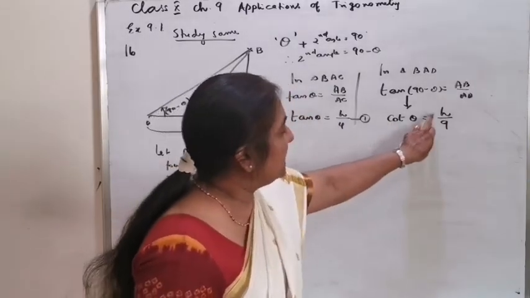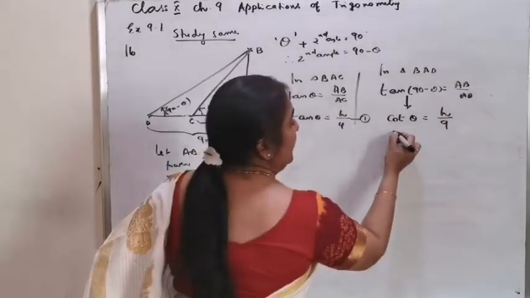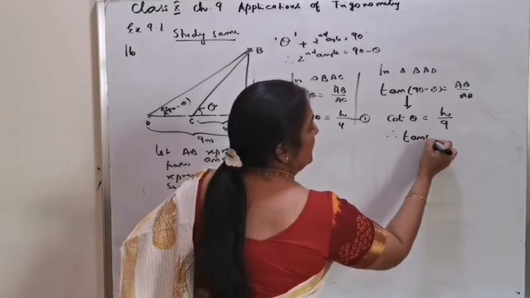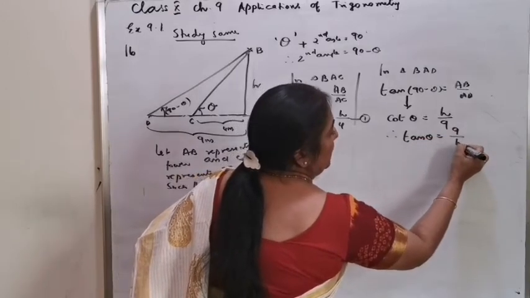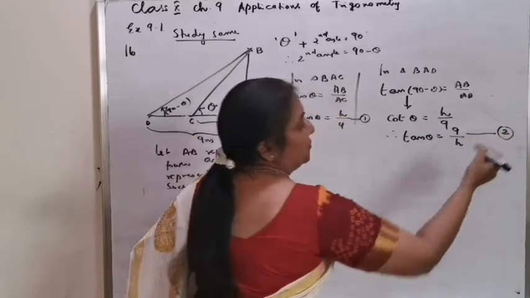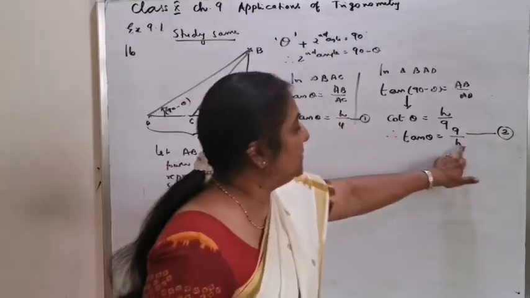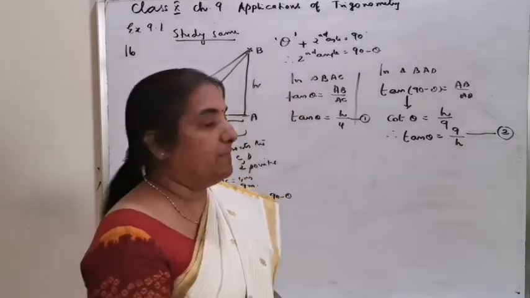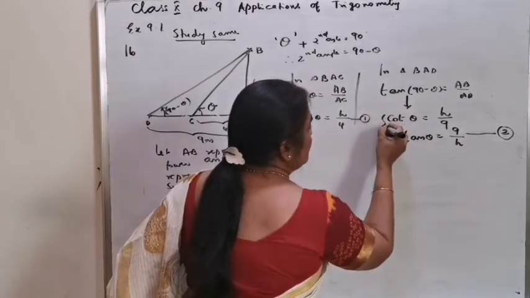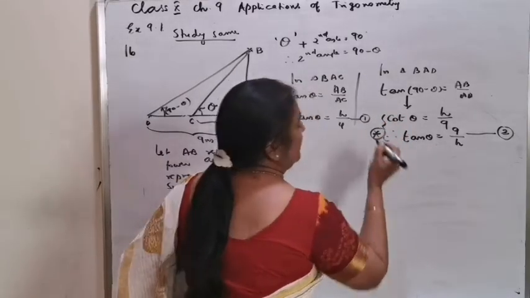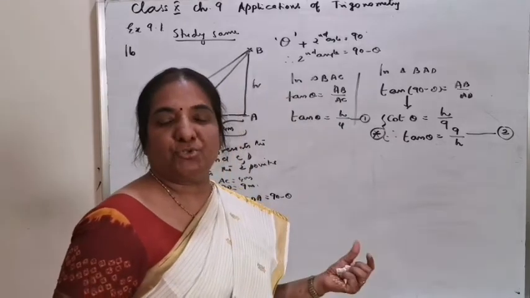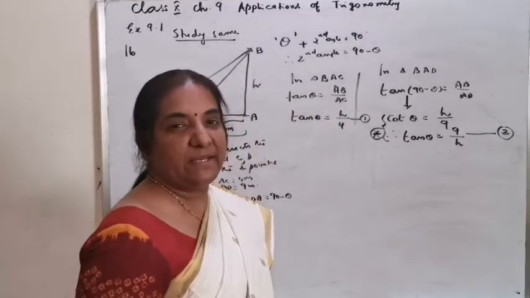If cot theta is H by 9, then tan theta is the reciprocal, 9 by H, equation 2. Why did we take that? Because by equating 1 and 2, the answer will be very simple. So these two steps are very important. If you remember those two steps, the question is very simple.